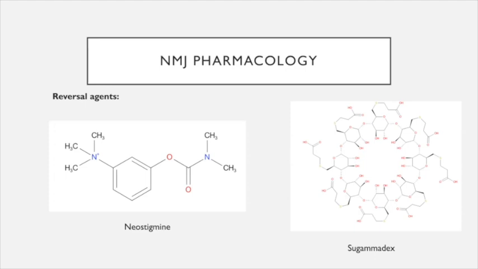The other thing I want to say about use of neostigmine and sugammadex is that neostigmine can be used in patients with renal disease. Sugammadex, one has to be a little bit careful because it is excreted by the kidneys. So I often don't give sugammadex if a patient has got kidney issues and they are not passing urine, because it needs to be excreted by the kidneys.